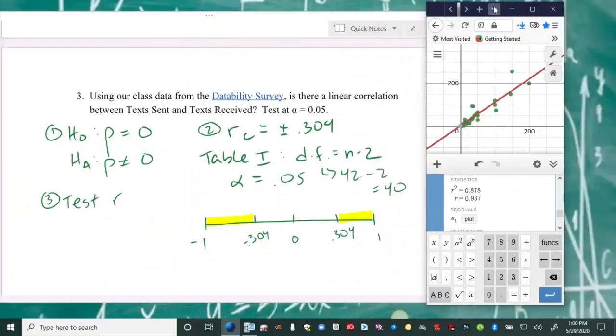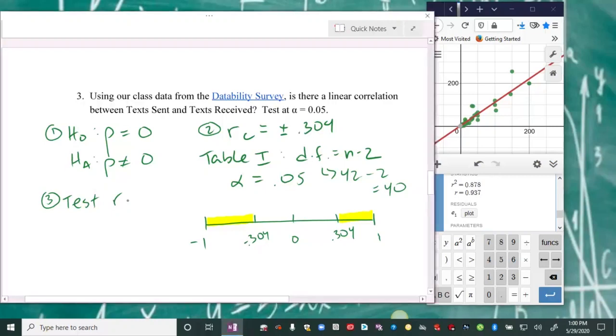So let me just shrink this down. And there we go. Oh, I need the R value first, don't I? So let me just arrow up a little bit. There we go. So my test R value from Desmos is 0.937. 0.937 lands over here in my rejection region. So step number 4, I reject the null hypothesis.